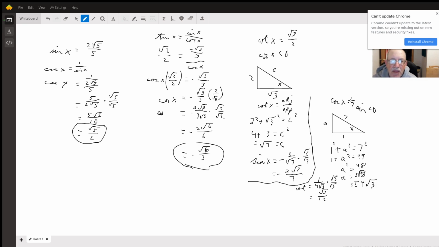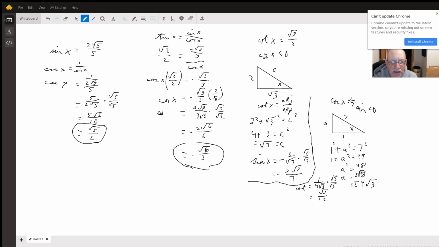For the second one, since tangent equals sine over cosine, we know that the square root of 2 over 2 has to equal negative square root of 3 over 3 divided by the cosine. So we multiply both sides by the cosine, and we get cosine of x times square root of 2 over 2 equals negative square root of 3 over 3.